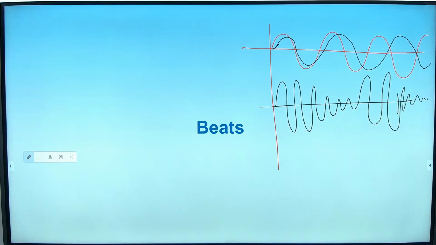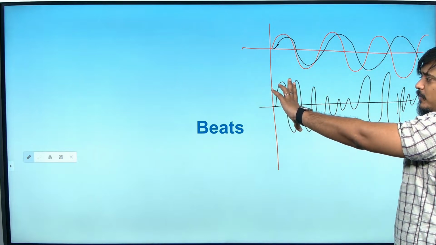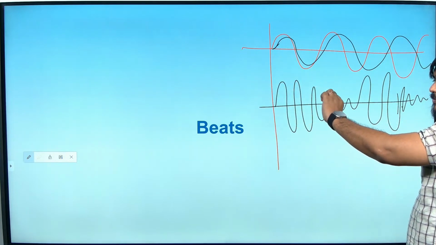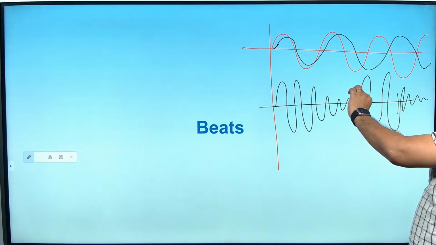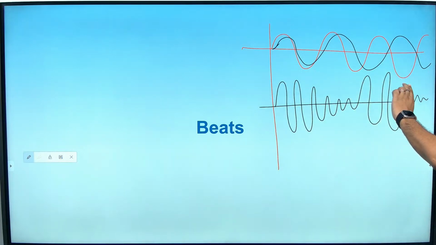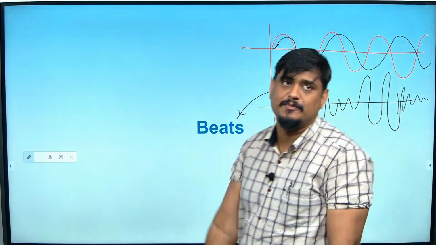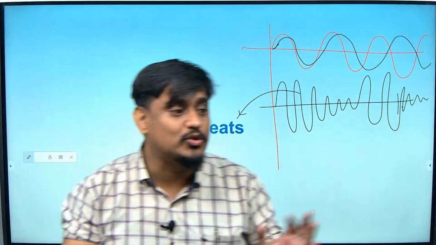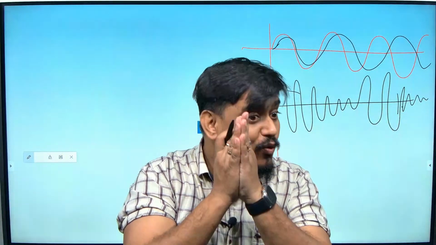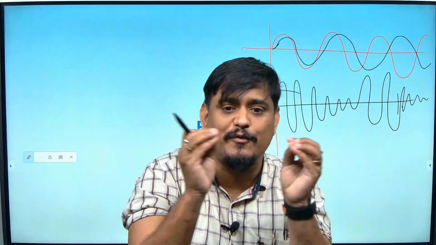Are you feeling it? When they superimpose, initially more amplitude, then it reduces, becomes almost 0. Once again increases, once again reduces, once again increases. This is known as beat. Beat is superimposition of two waves which are moving in the same direction but having slightly different frequency.